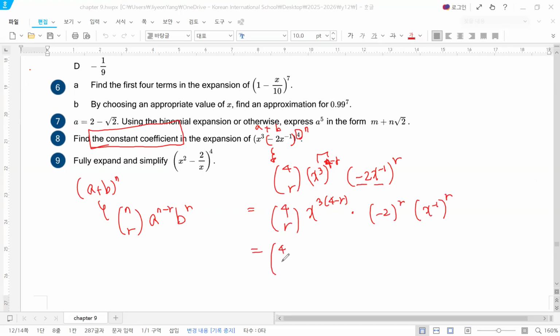So 4Cr, let's write down this number at the front, negative 2 to the power of r, and then x to the power of 3 times 4 minus r, times x to the power of negative r. You can combine these two terms as x to the power of 12 minus 3r plus negative r.